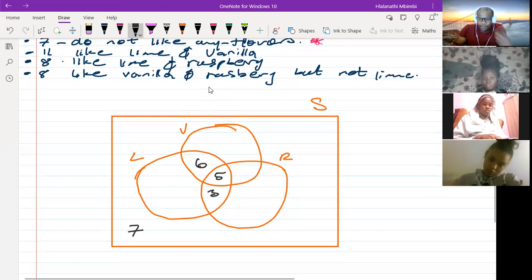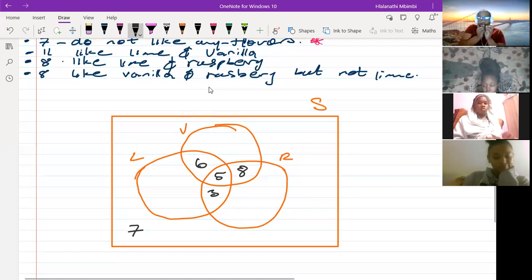With the others, we had to subtract: for lime and raspberry there were 8 of them, and we had to subtract 5 because the people who like all three were already included. But this one says vanilla and raspberry, but not lime, so we don't even look at other things, we just say it's 8, boom.